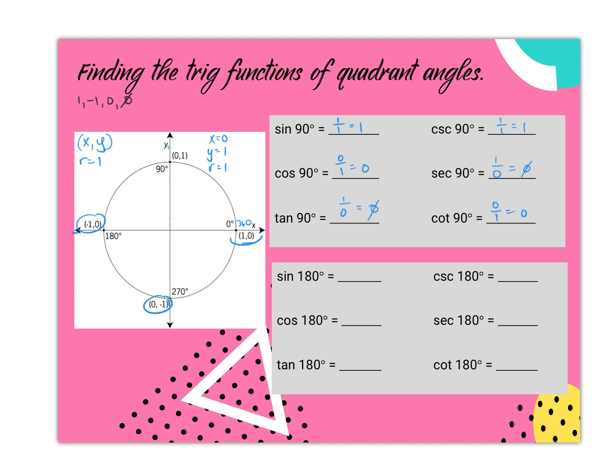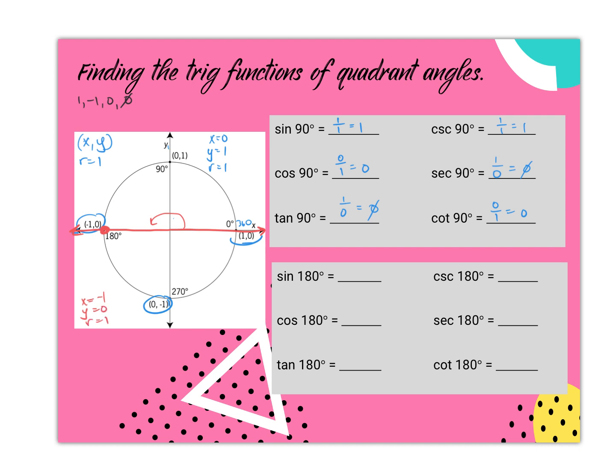What I'm going to do is first draw the 180-degree angle starting over here. I know my terminal side is over here, so this is the point I'm going to use, and this point is -1, 0. So for this problem, x equals -1, y equals 0, and r is always +1.